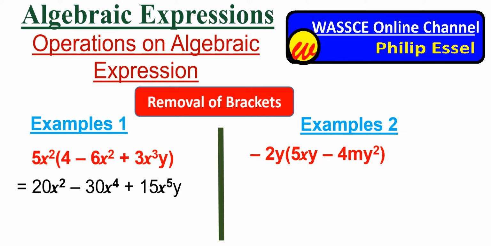Again, in this case, we'll multiply the item outside of the bracket by the terms within the bracket. So here, the negative 2y would multiply the 5xy, then afterwards it will multiply the negative 4my exponent 2.